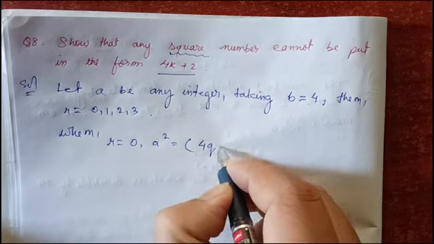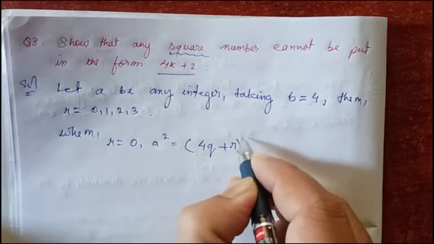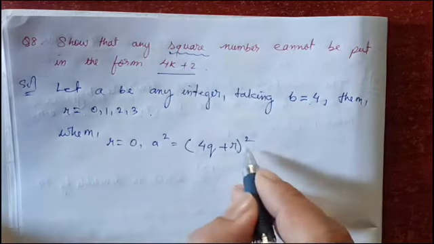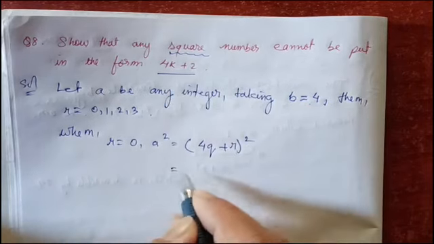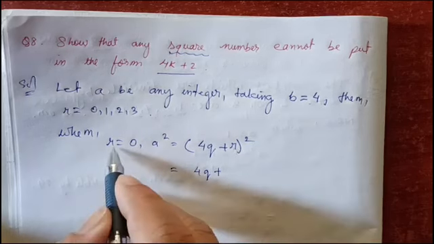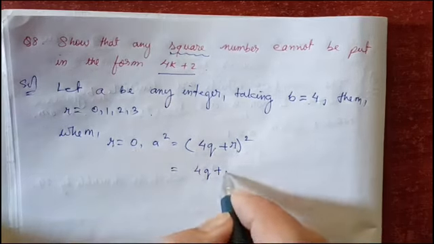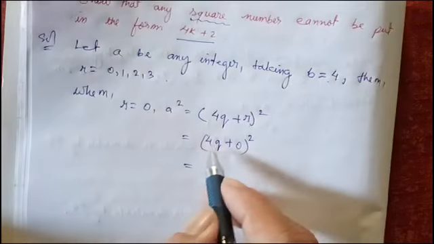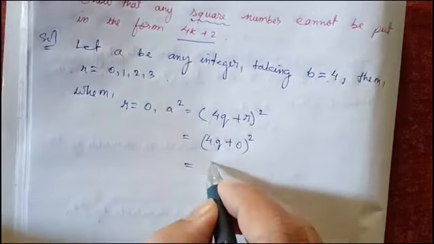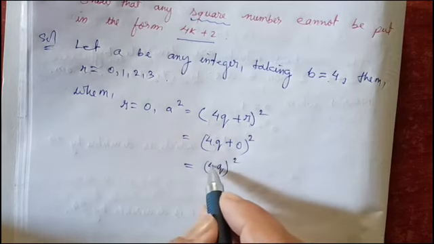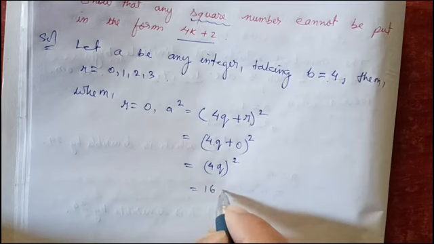That's why 4q plus r. The question says take square, so we write square. It's very easy. 4q plus r. What is our r value? R value is 0. Okay, so 4q plus 0 is still 4q. Then 4q square is 16q square.